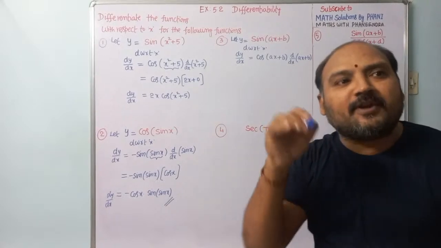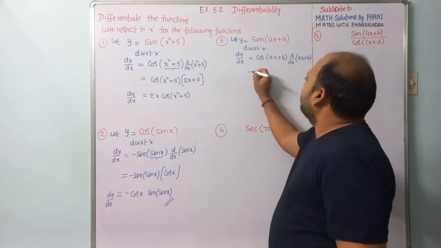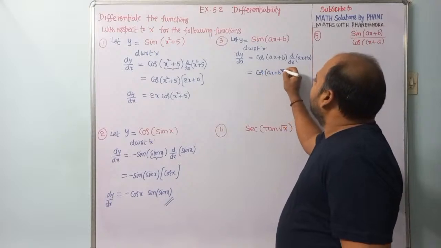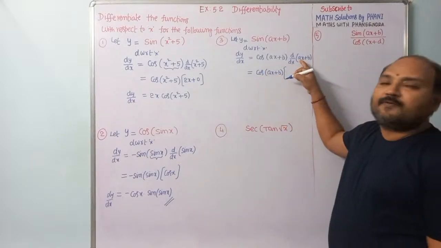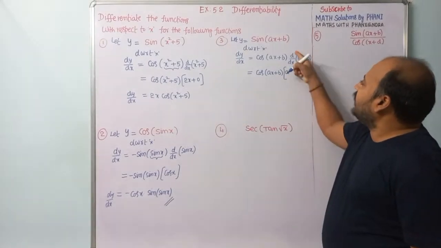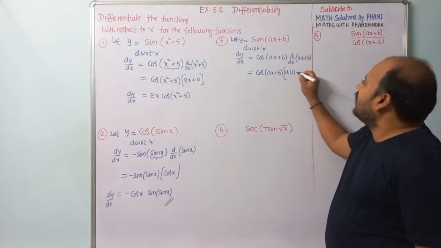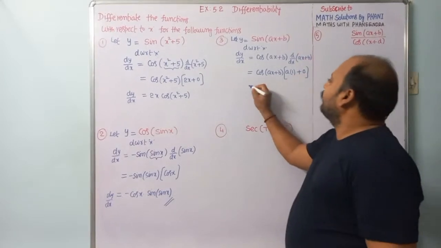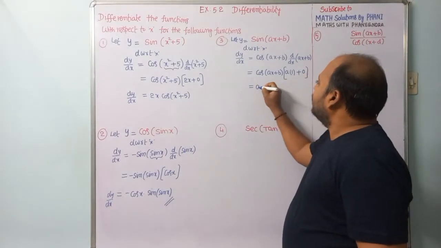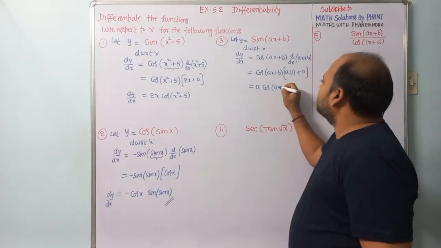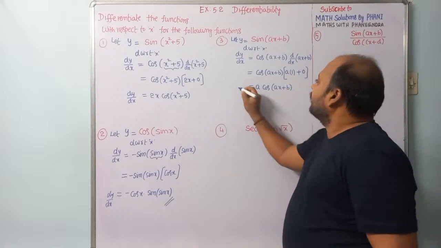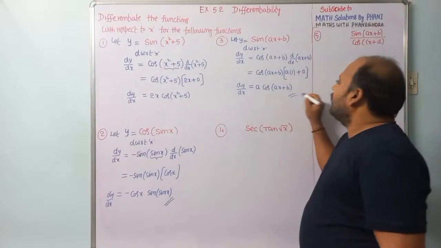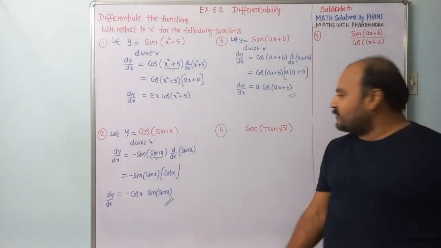That is cos of (ax plus b) into d by dx of ax, where a is a constant brought outside, d by dx of x is 1, plus d by dx of constant b is 0. So a plus 0 is a. dy by dx is equal to a into cos of (ax plus b).